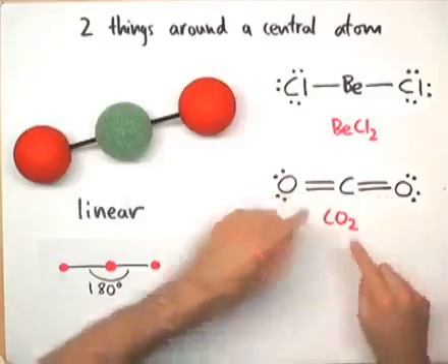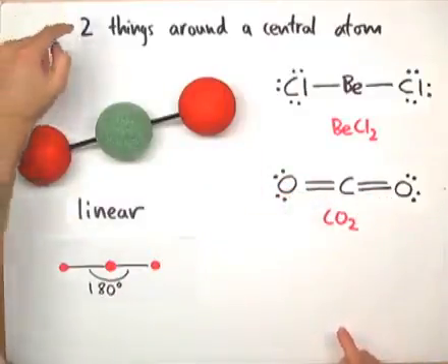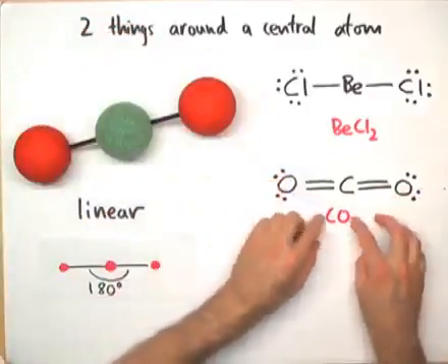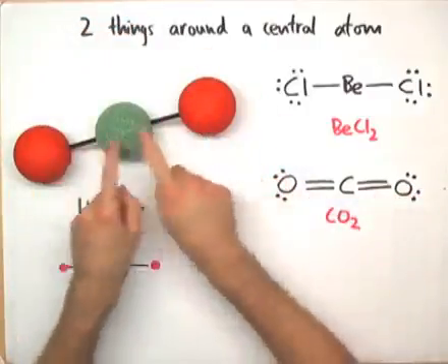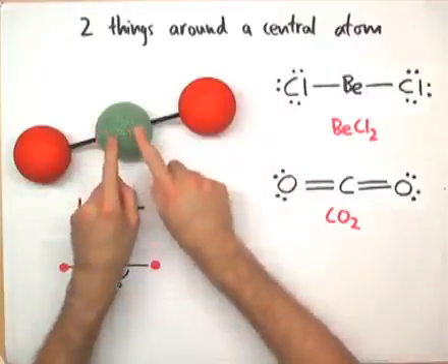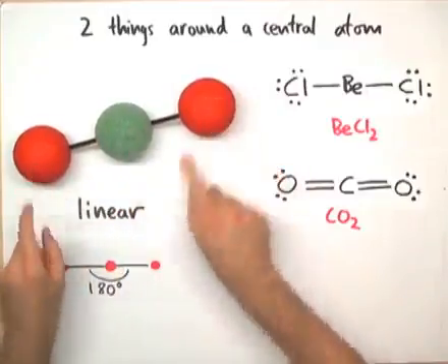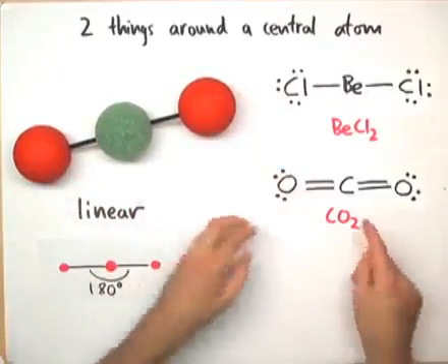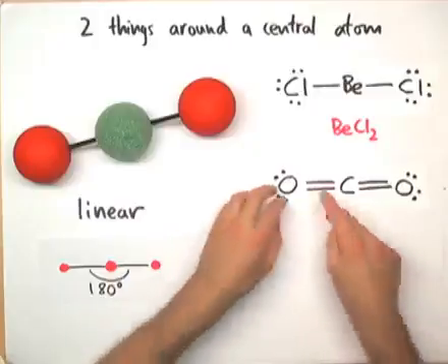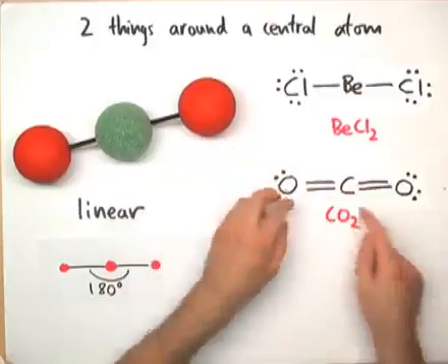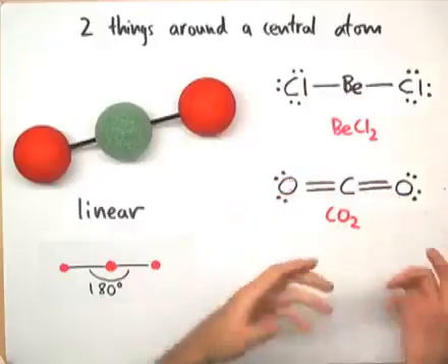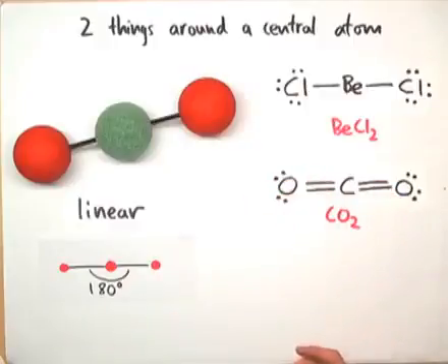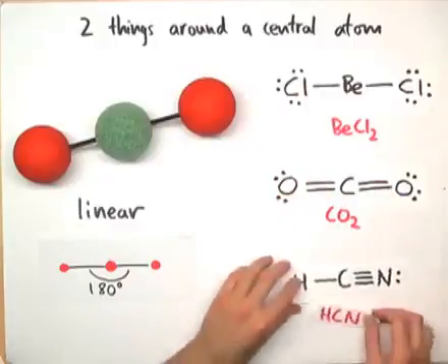So for CO2, I still consider it as just 2 things around a central atom. CO2 is going to have this linear shape too. This will be the carbon, and these will be the 2 oxygens. They'll be 180 degrees apart. So with double bonds, don't worry, it's just 2 things, 1, 2, around a central atom. Okay?